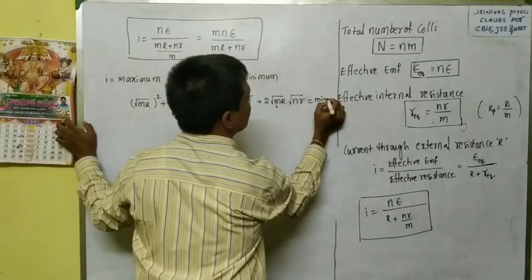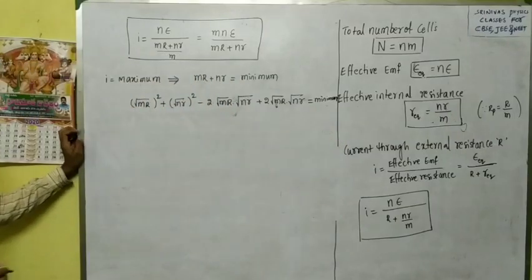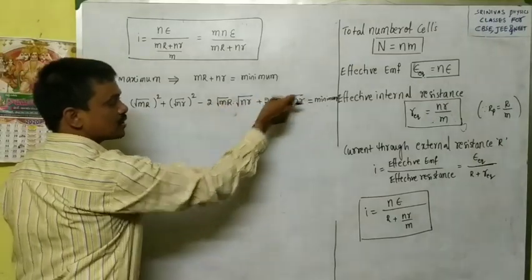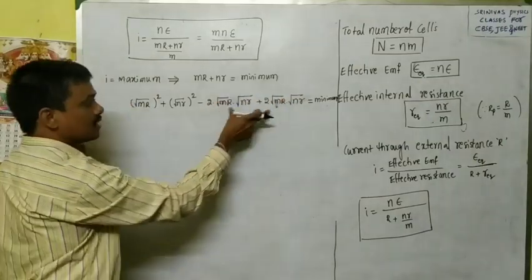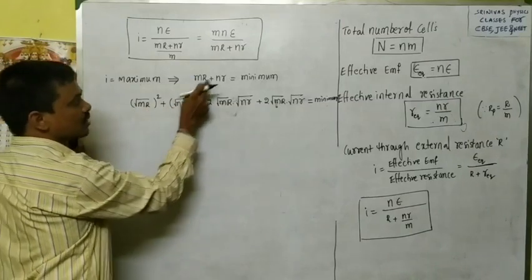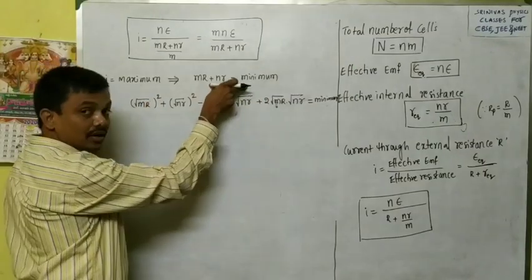What I did here, these two will become 0, minus plus will cancel. Root MR square gives MR, and root NR square gives NR. That means if we simplify this, we will get the above term.